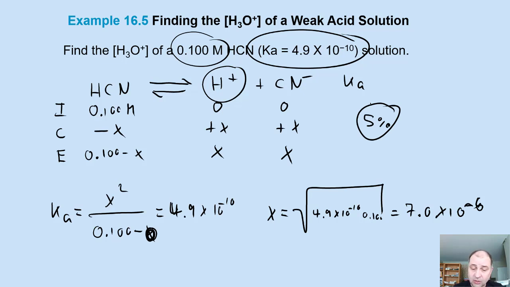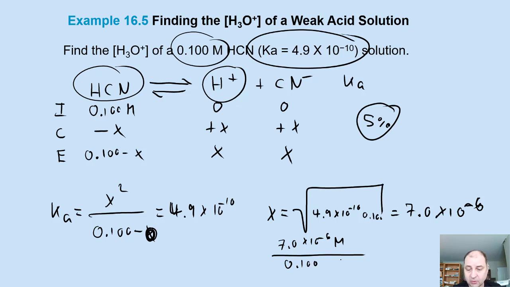Percent dissociation is calculated by taking the 7.0 times 10 to the minus 6, dividing it by the original concentration of your acid, which is 0.100 M, and multiplying by 100. In this case, we get 0.007%, which is much smaller than 5%, so we don't have to use the quadratic equation.